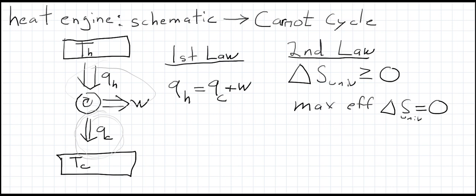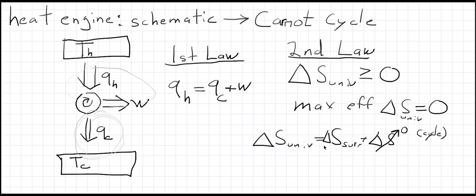Okay, so what is delta S universe? Well, delta S universe we know is equal to the delta S for the surroundings plus delta S for the system. And I'm just going to leave off the subscript. Whenever I leave off the subscript, it means we're talking about just the system. Now, the system is a cycle, so the delta S of the fluid, whether it be water or something else, is equal to 0 because it's a cycle.